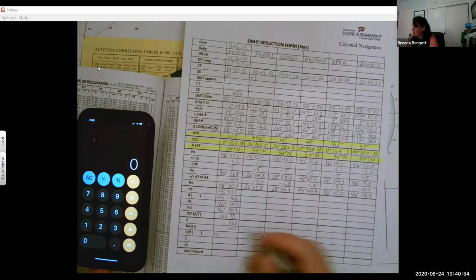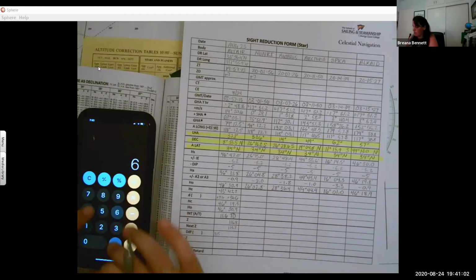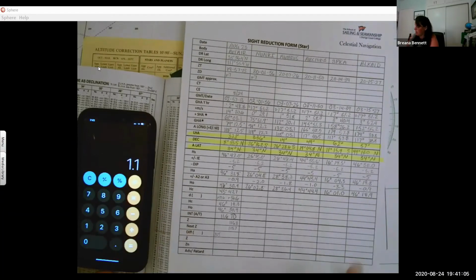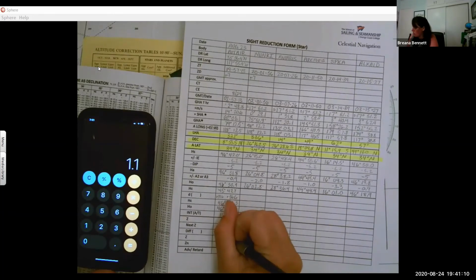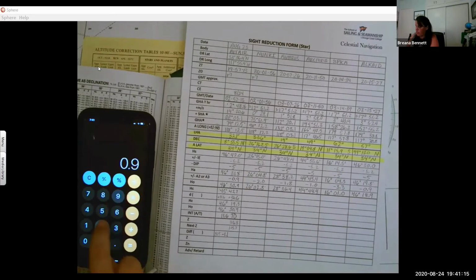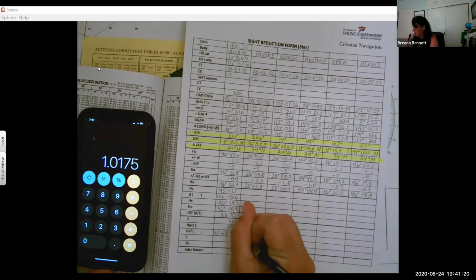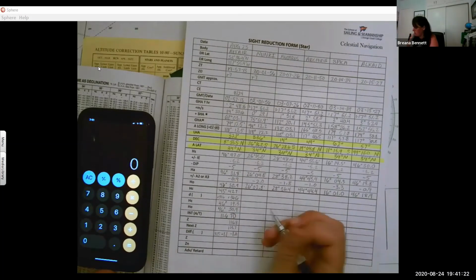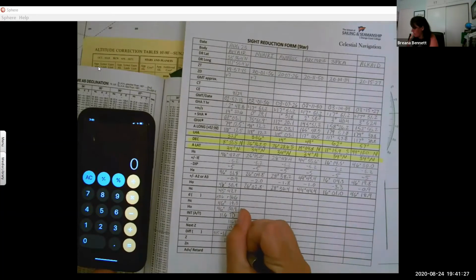Okay, so now we have 116.8 and 115.7, so 6.8 minus 5.7, math there. We had subtract 1.1, so I'm going to multiply that by my 0.925, and I get minus 1.0. So I have a Z of 115.8.